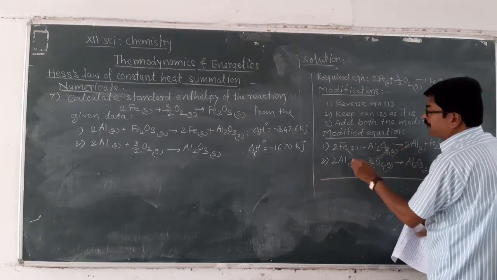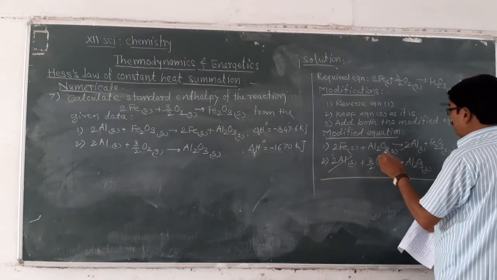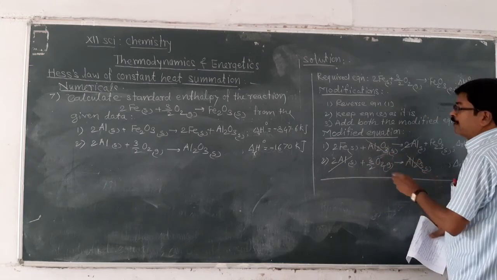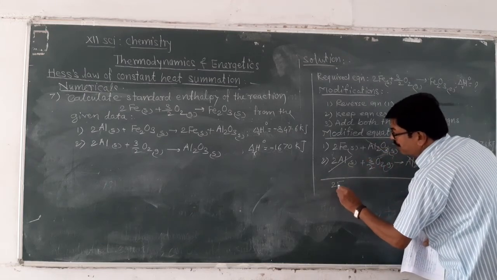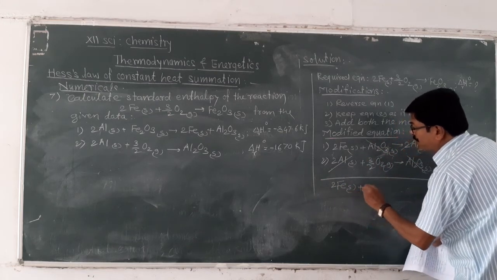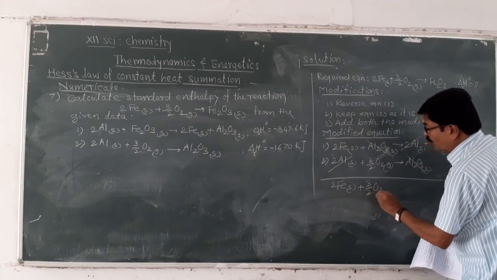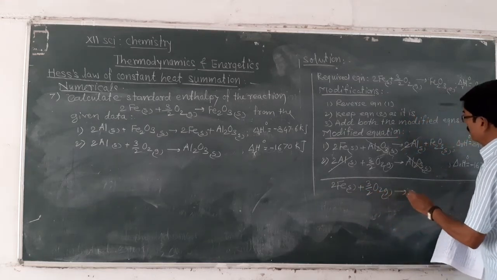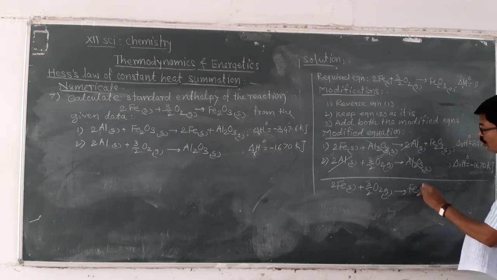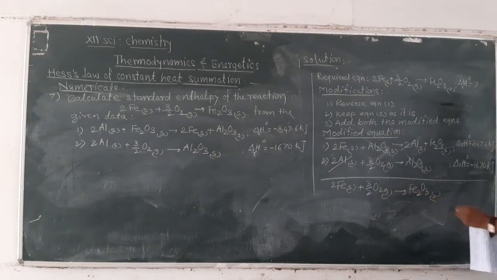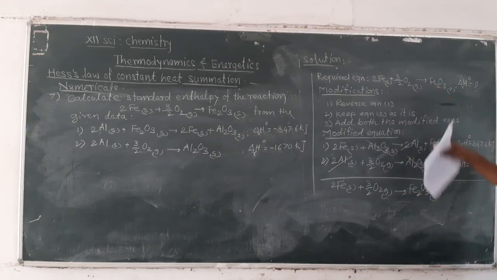Now 2 Al gets cancelled, Al2O3 gets cancelled. What is left? Twice Fe solid plus 3/2 O2 gas gives Fe2O3 solid as per our expectations.